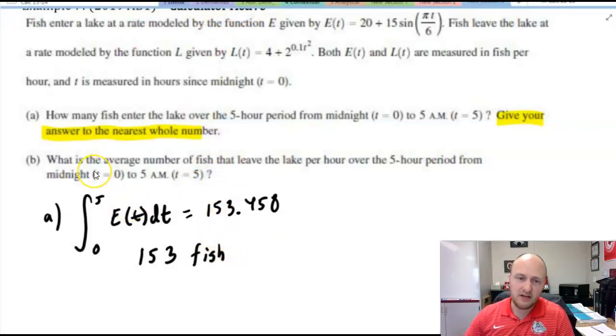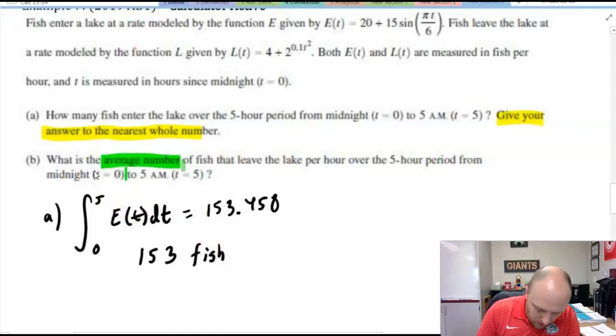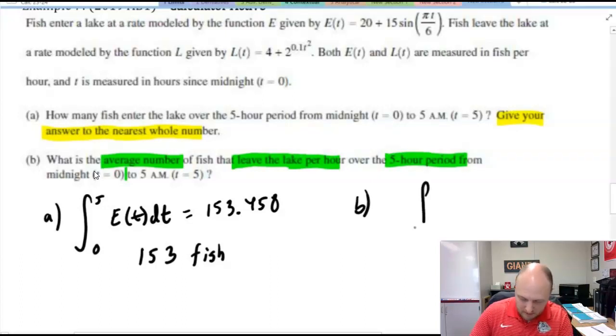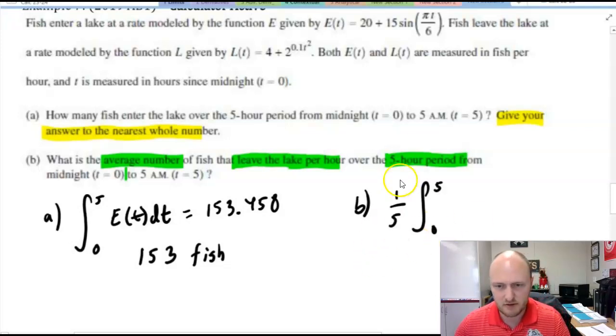All right, part B. Here's the average value question. What is the average number of fish that leave the lake per hour over the 5-hour period from, again, 0 to 5? So this one, same structure, except over 0 to 5. Again, I have 1 over 5 minus 0. So this is my average.